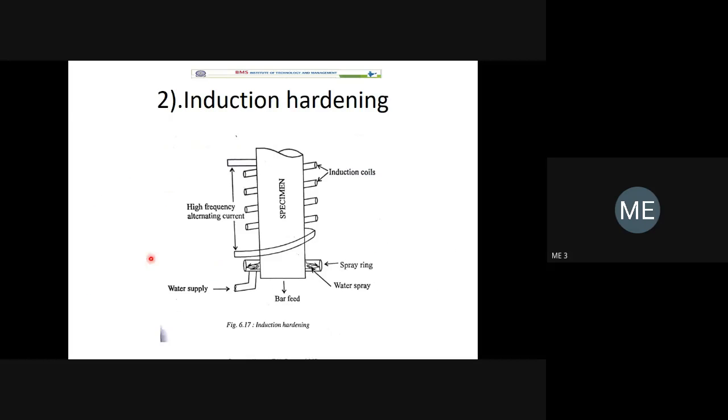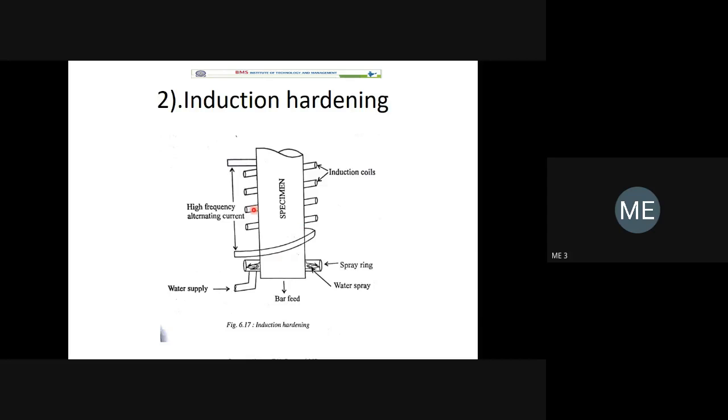There is induction hardening. A high frequency current is passed through the specimen by an induction coil. Because of that induction process, the heat is generated only on the surface. One advantage of induction hardening is that we have control over the heating process, because we can control the current flowing into the specimen's surface. For small components, especially cylindrical components, induction hardening is used.